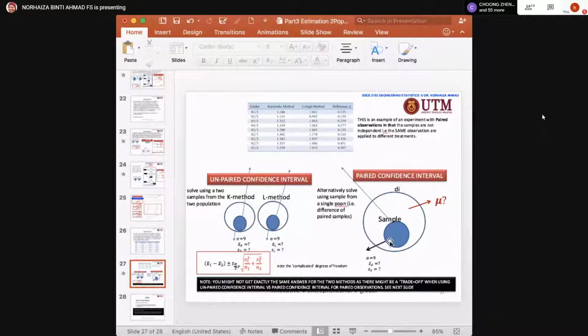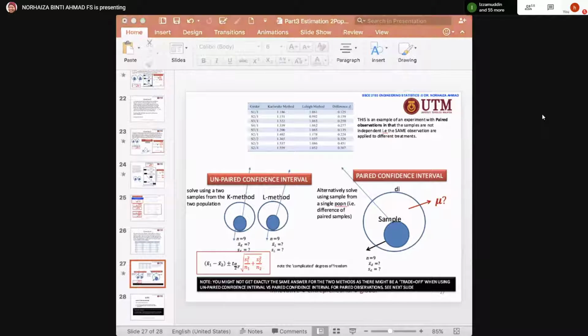Let me find this. I'll find the formula for this. I don't have the formula here, but you know what to use. Let me just check. Wait a moment.